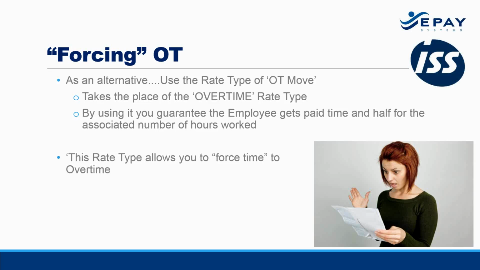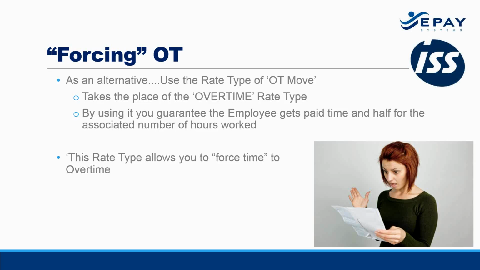If the employee, let's say, worked 20 hours for the work week, but you deemed the first 8 hours of that work week to be OT move time, or time that you want to designate as overtime, the system is still going to pay the employee's 20 hours at regular, but those other 8 hours that you've deemed as OT move as overtime.